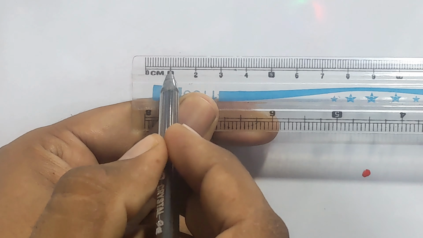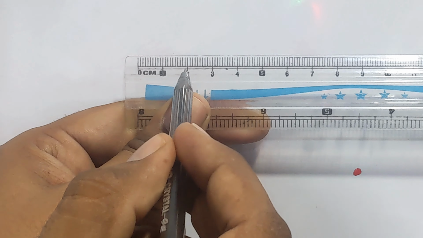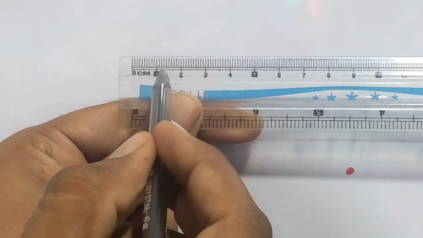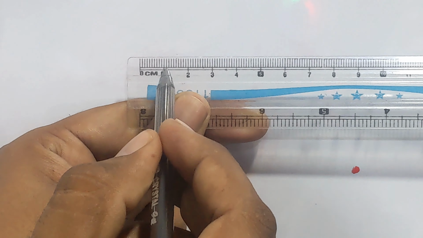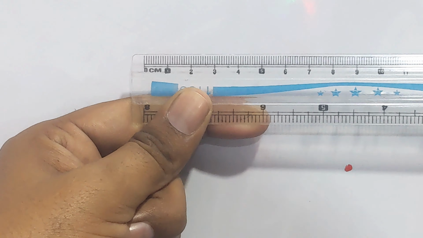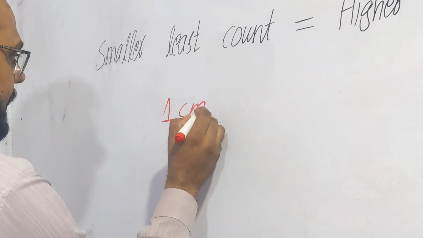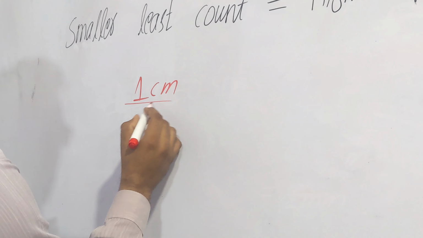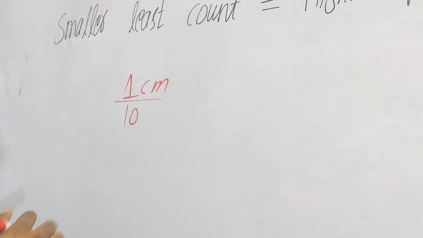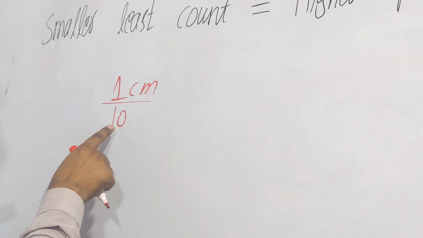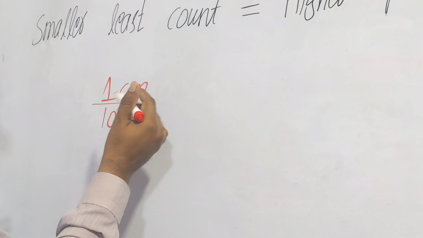This 1 centimeter, from this line to this line, is divided into 10 equal parts.